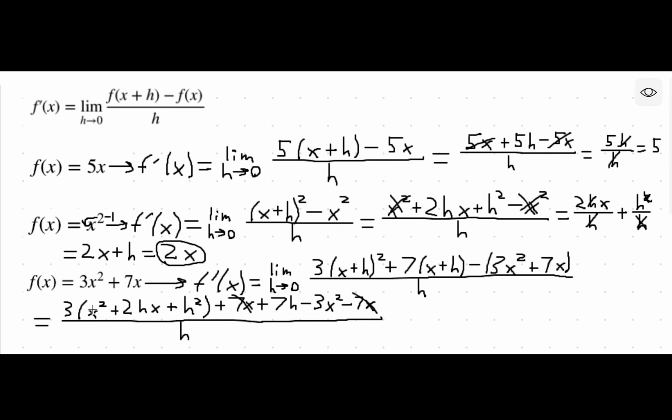So I distribute the 3 here. I'm going to have 3x squared plus 6hx plus 3h squared. And then I have a 7h minus 3x squared left.